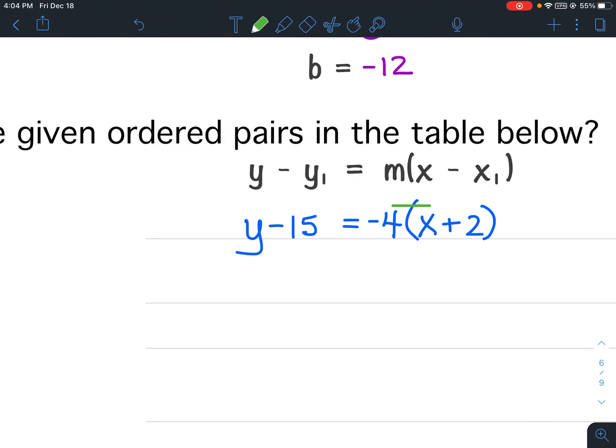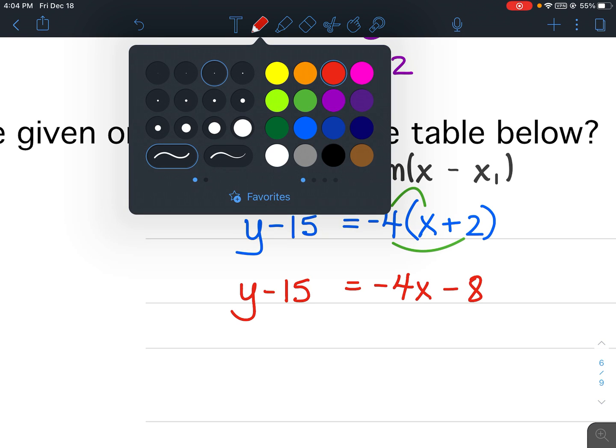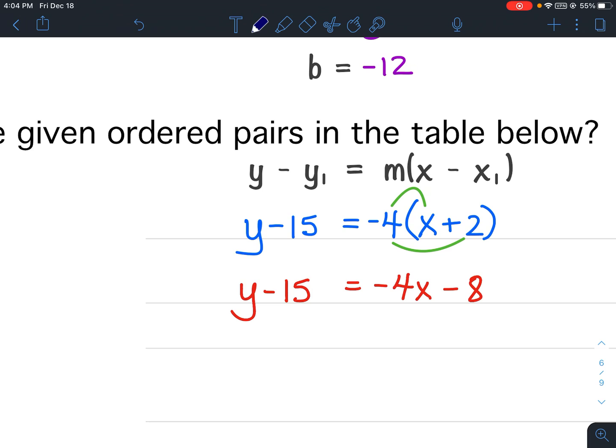Now we're going to do the distributive property. So this will stay y minus 15 on the left. Negative 4 times x is negative 4x. Negative 4 times positive 2 is negative 8. Now I want to isolate the y, so I'm going to add 15 to both sides using the inverse operation.